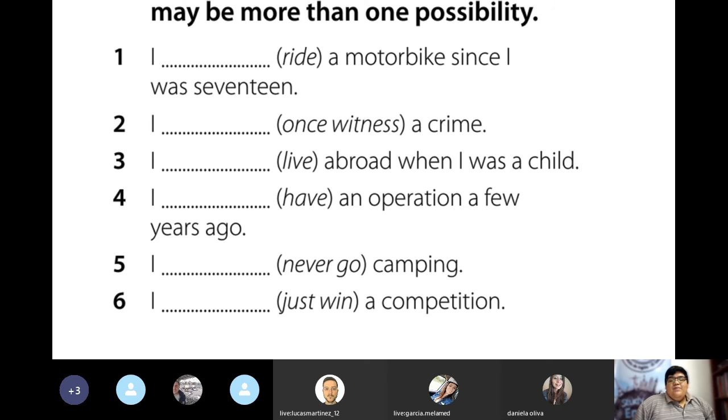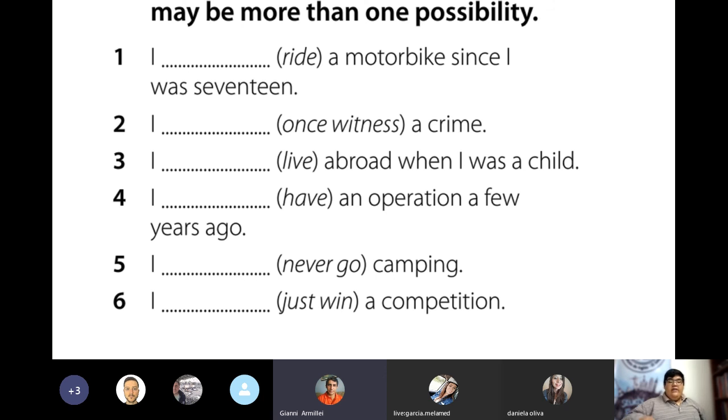Number 2. What is the right option? I have ridden.